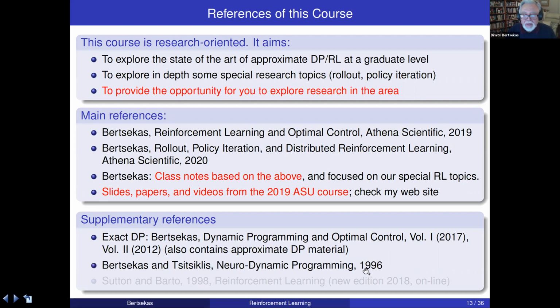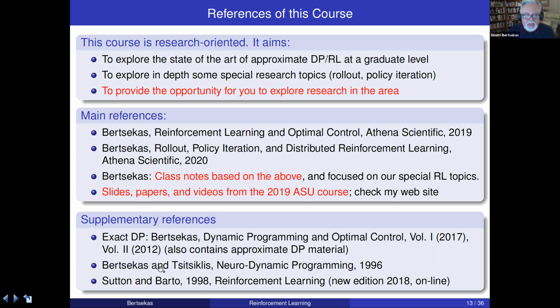Then there are 2 books that were published in the mid-90s. One was in 1996, my book with John Tsitsiklis, which is more mathematically oriented than the level that we're aiming at in this class. And there's also the book by Sutton and Barto, who come from the artificial intelligence side.